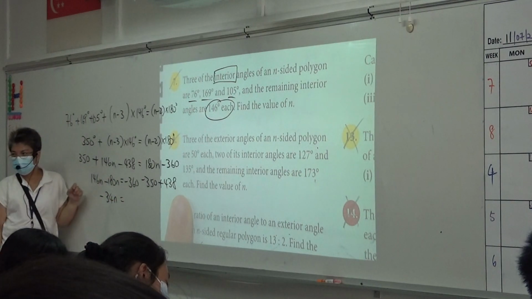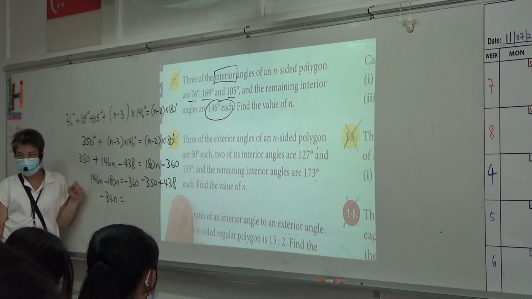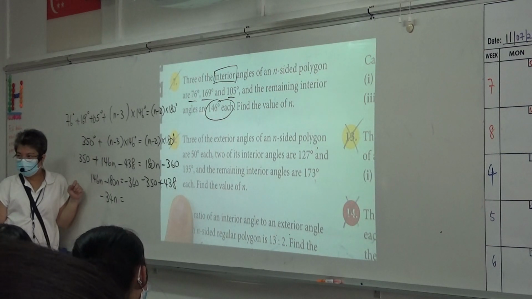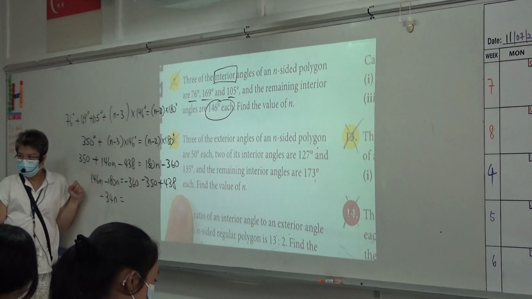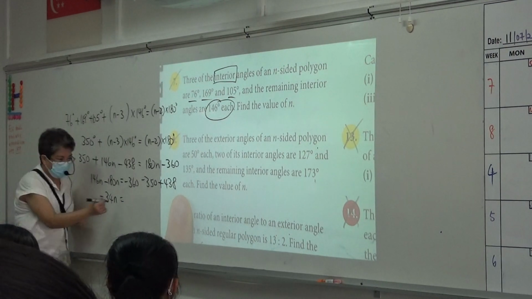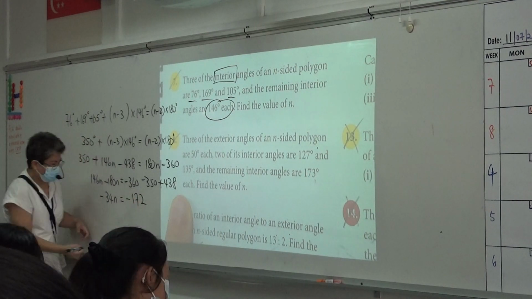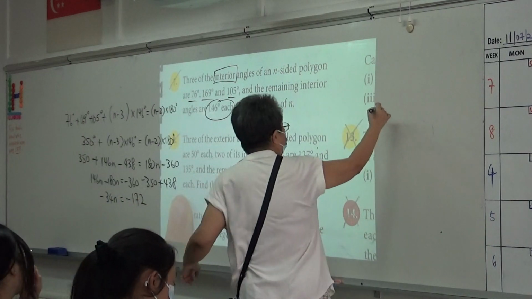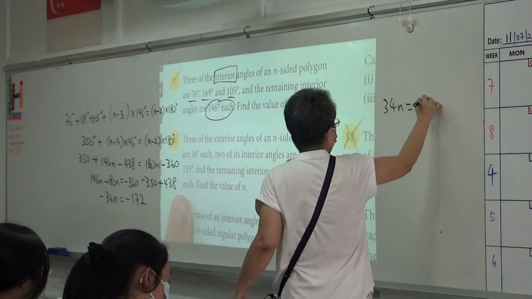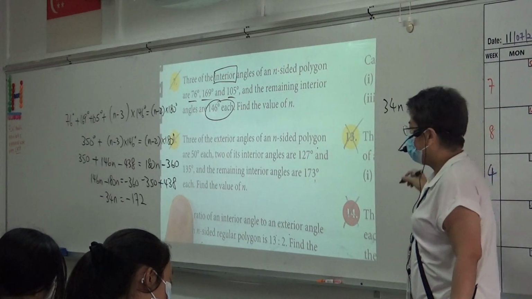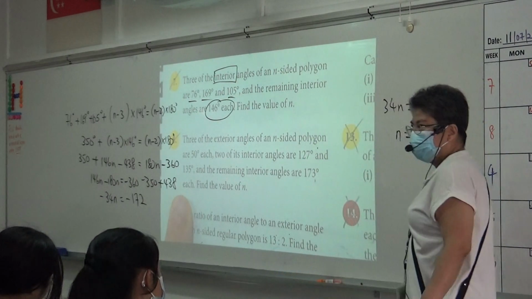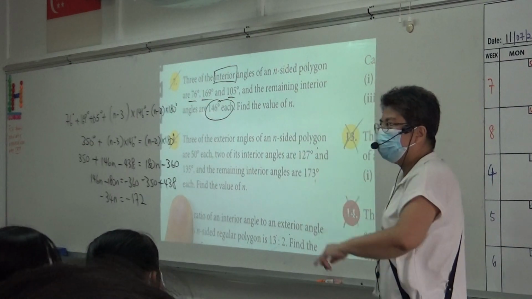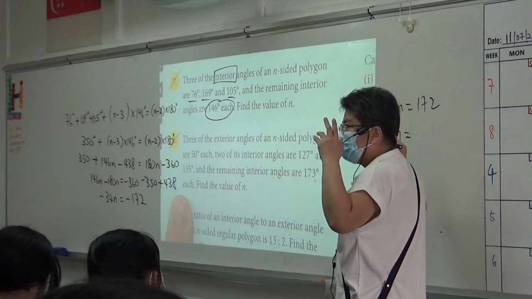This one? Negative 172. Both sides negative. I'm going to drop the negative sign. How do I get n, Matthias? I say, how do I get n?